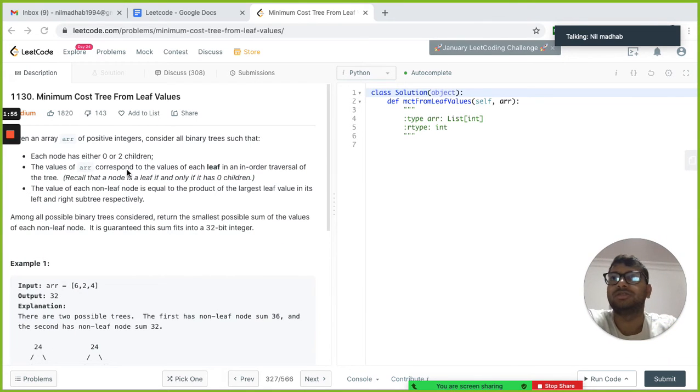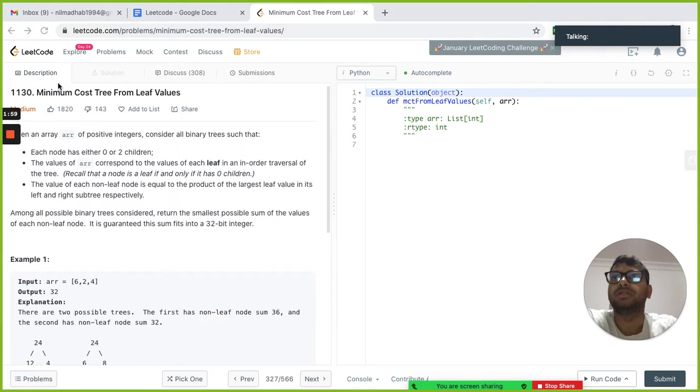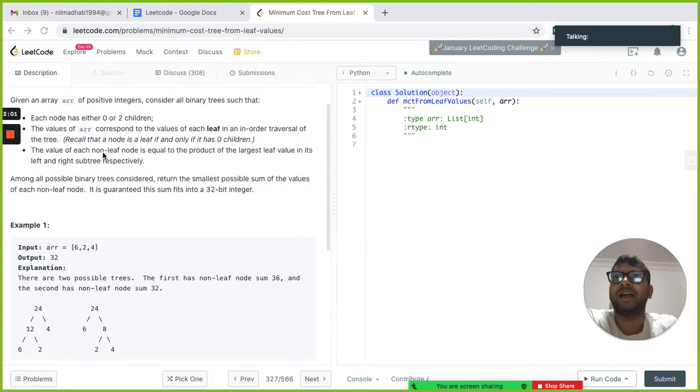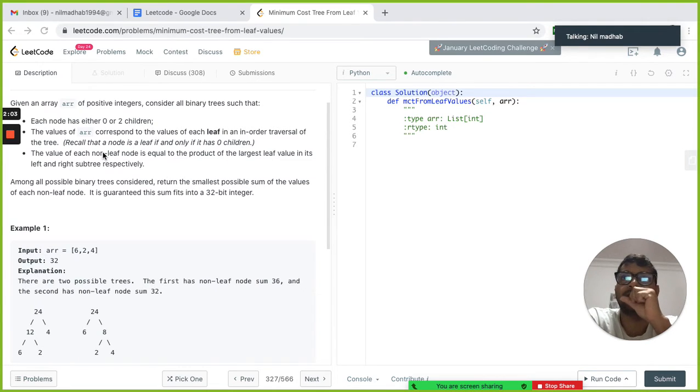Okay, so we have this question. Given an array of positive integers, consider all the binary trees such that each node has either 0 or 2 children. The values of the array correspond to the values of each leaf in an in-order traversal of the tree.